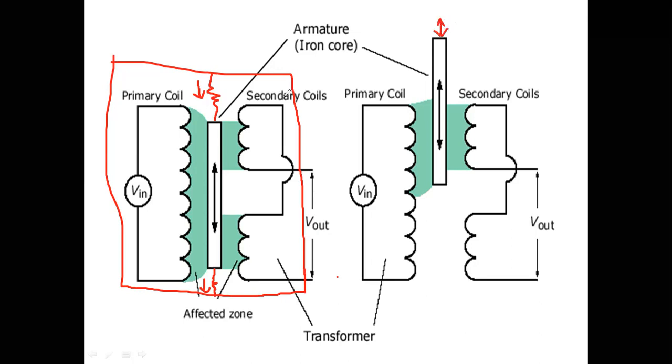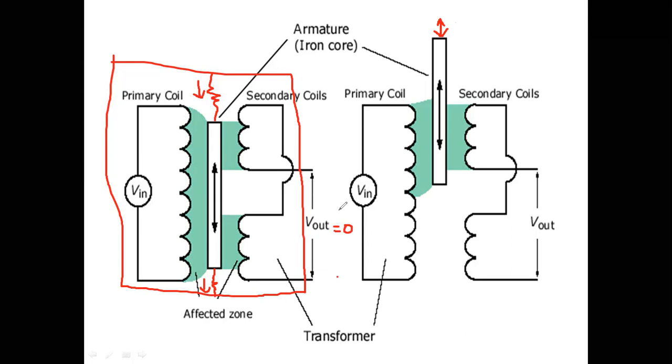I am not applying any displacement here, such that the core will be in the center position. Therefore, output should be 0. If input is 0, output must be 0. Okay, it is one of the important statements for stability, right?